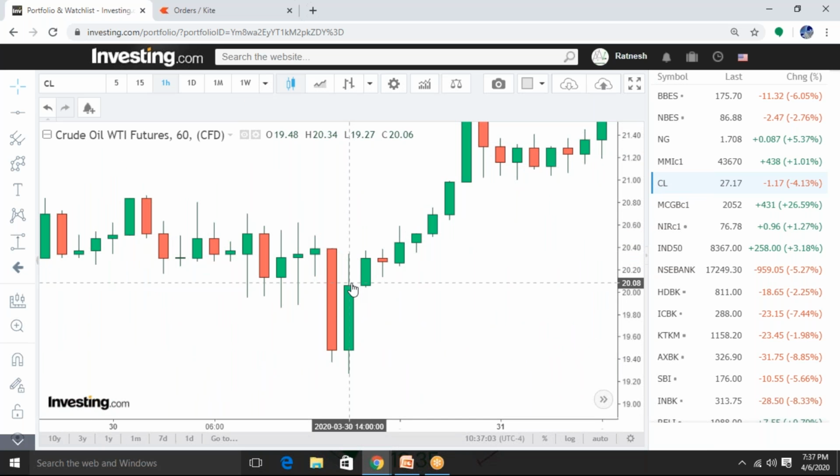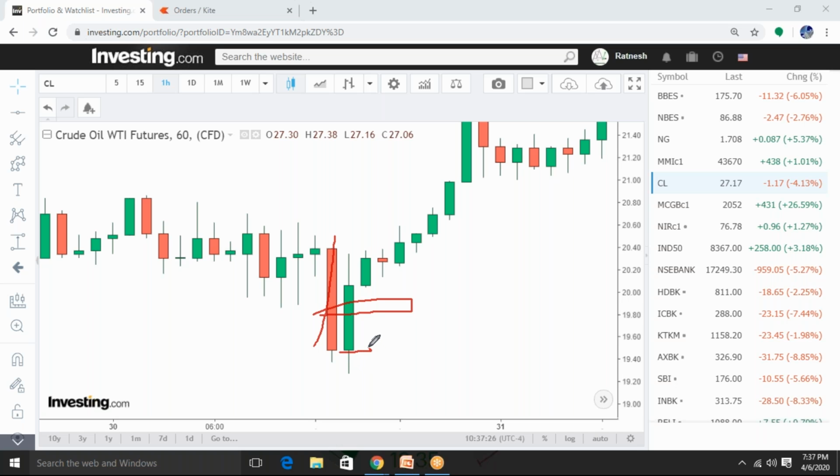And which type of pattern is this? Can anybody tell the name of this pattern? So, piercing line. Almost piercing, or you can say tweezer bottom.